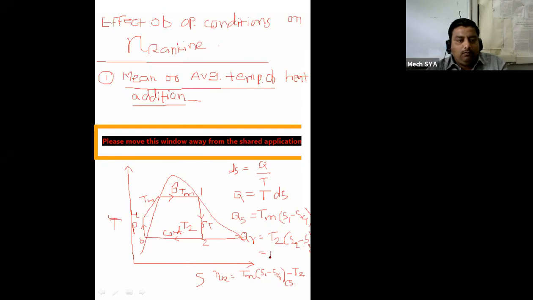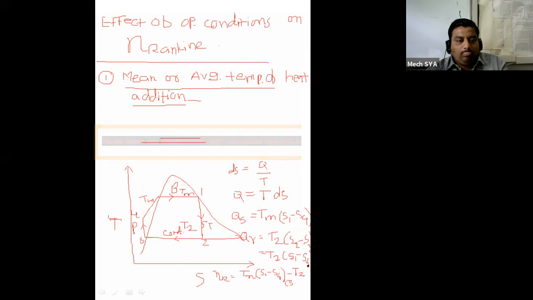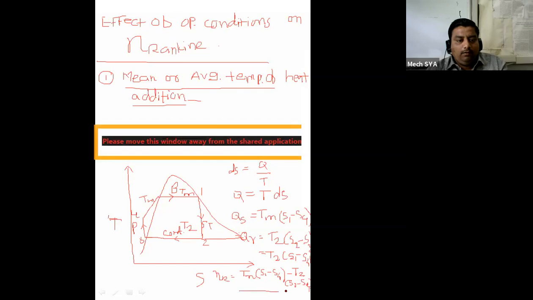So heat rejected is T2 into bracket S1 minus S4, and the entire thing divided by Tm into bracket S1 minus S4.